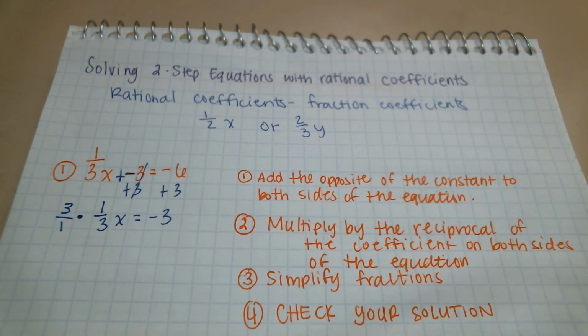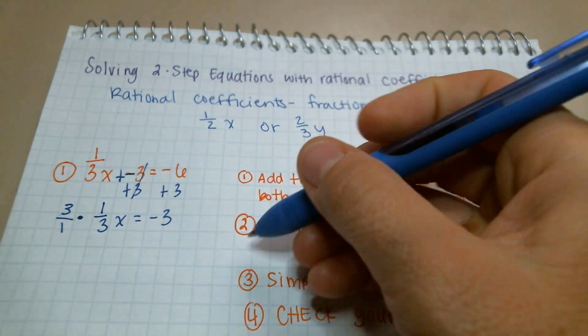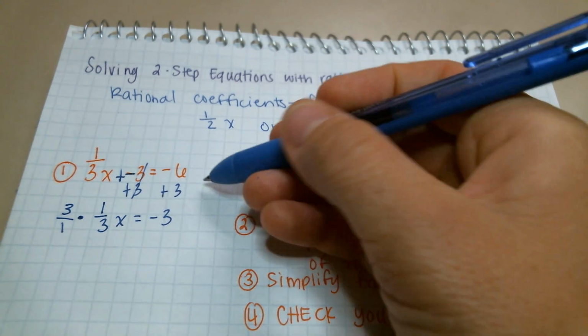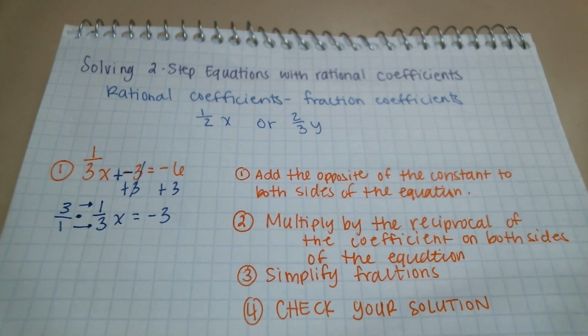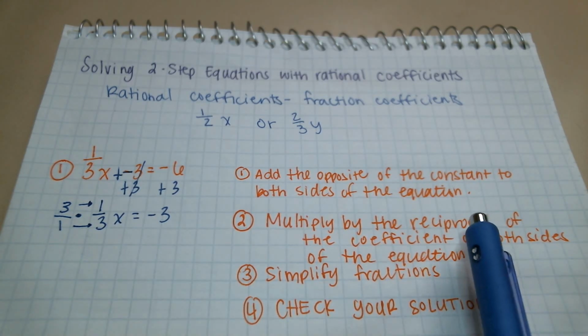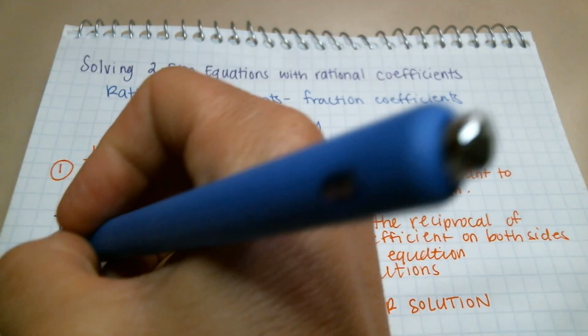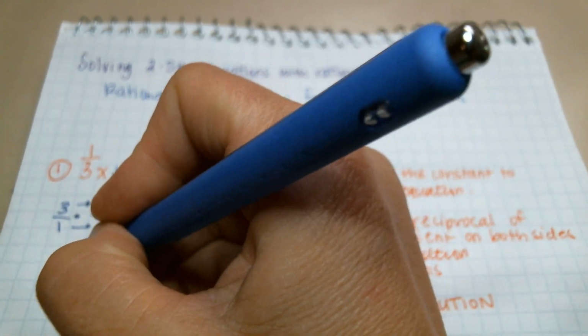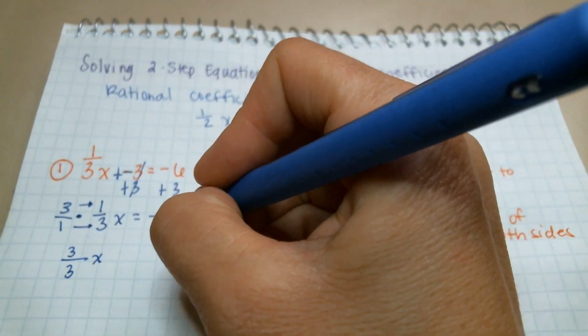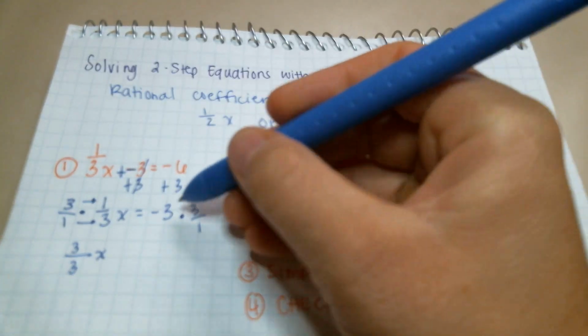Well, what happens when I multiply 1/3 times 3 over 1? Remember that you multiply numerator times numerator and denominator times denominator when you're doing fraction multiplication. So 3 times 1 is 3, over 1 times 3 is 3. So you get 3x over 3. Multiply the right side by the same thing, 3 over 1.